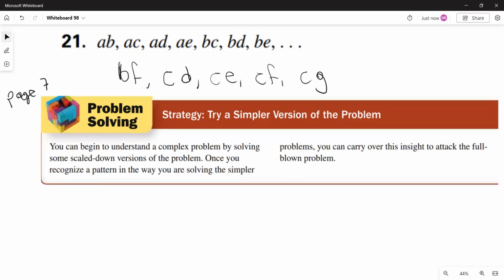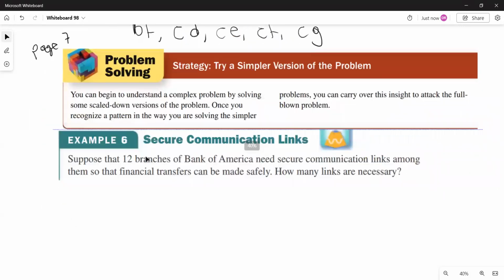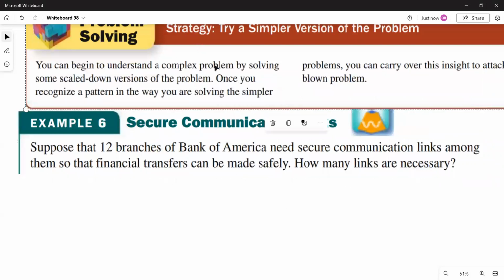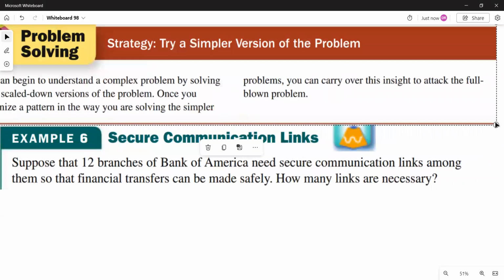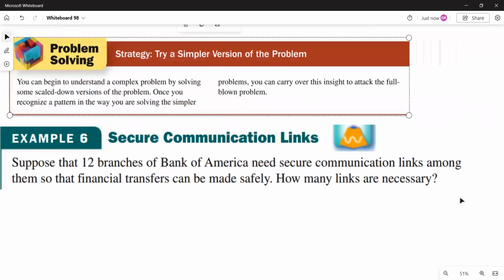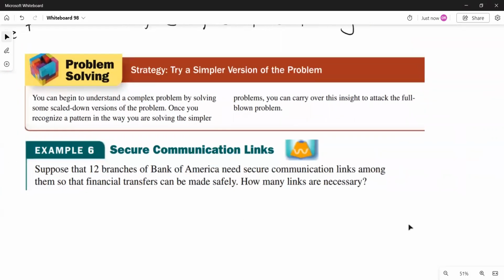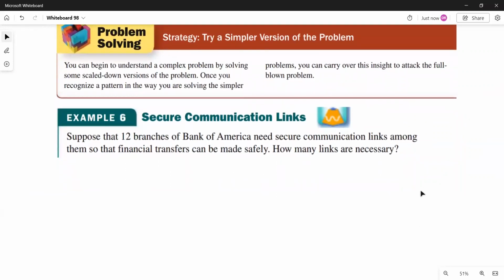So same page, we have number 6. Suppose that 12 branches of Bank of America need secure communication links among them so that financial transfers can be made safely.